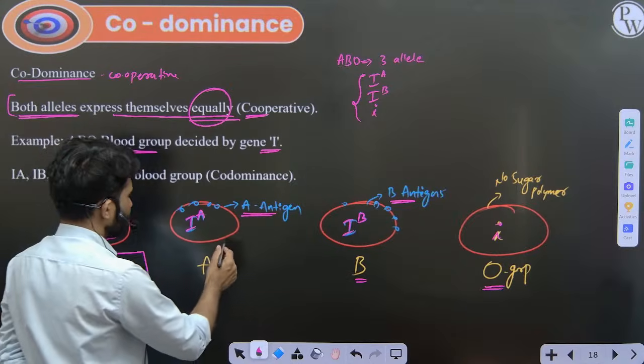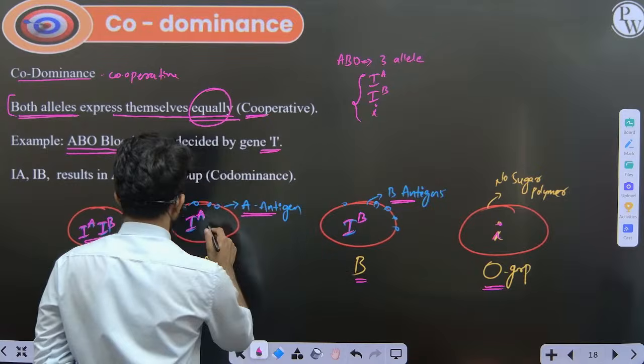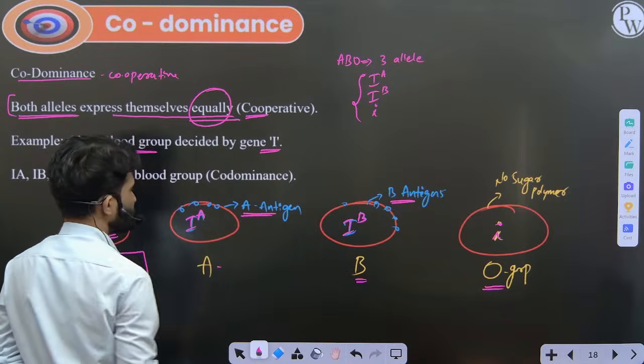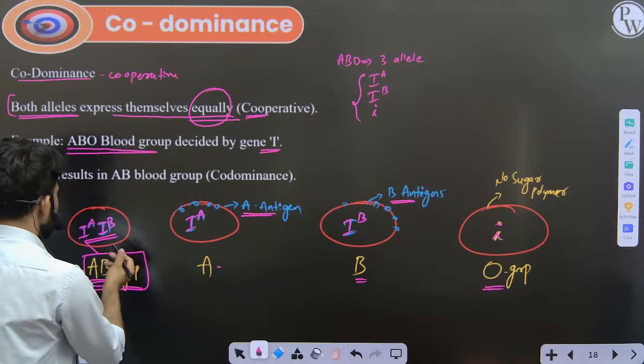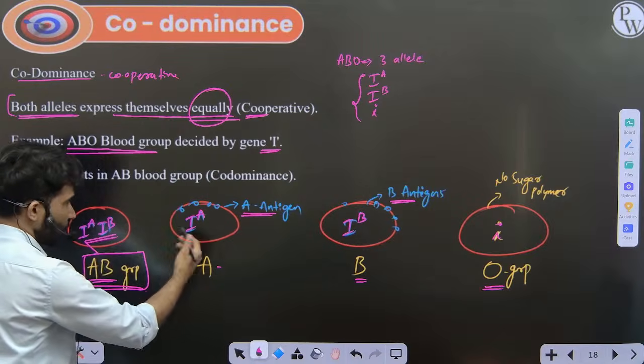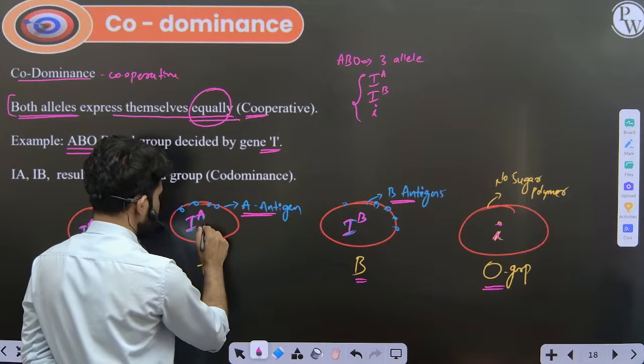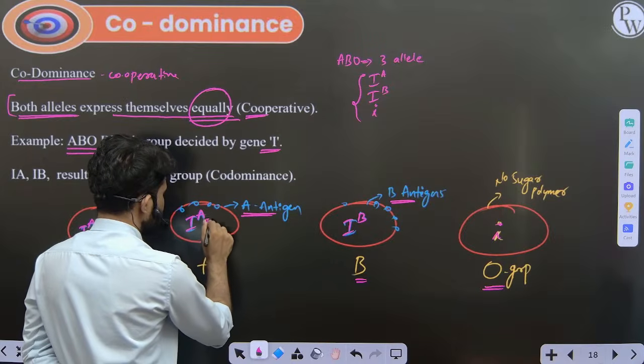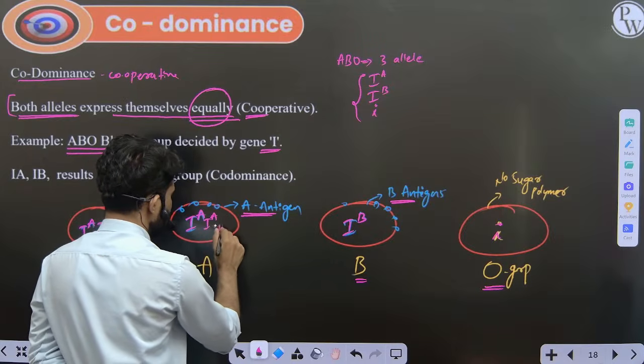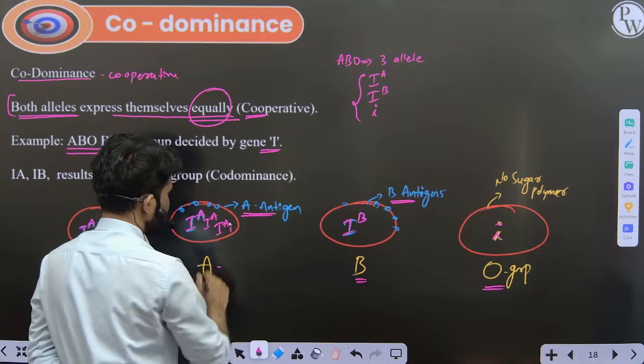But in the remaining, there is only one allele expressing. So here both are expressing, either it may be the same IA, or IA with another allele.